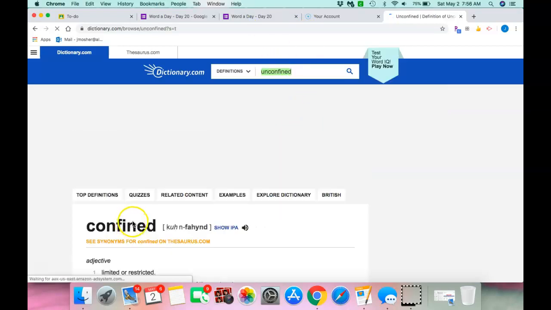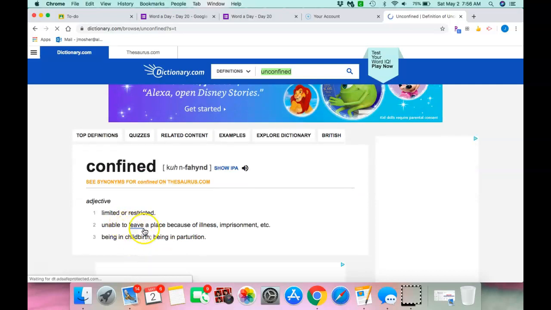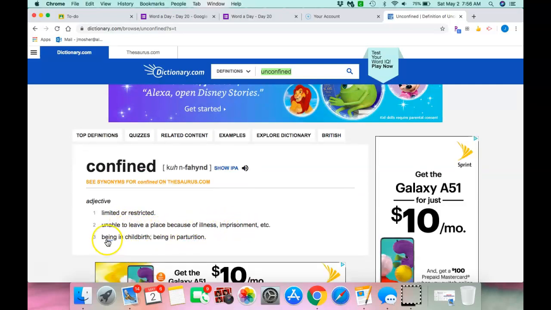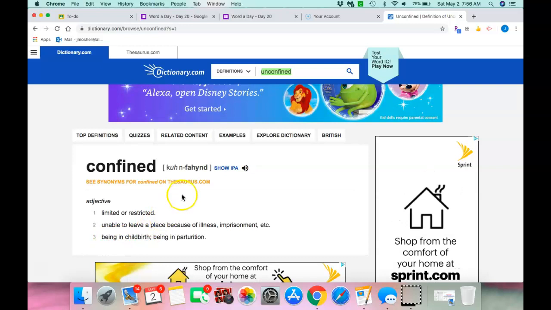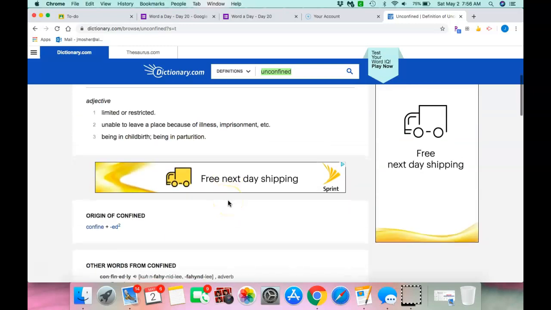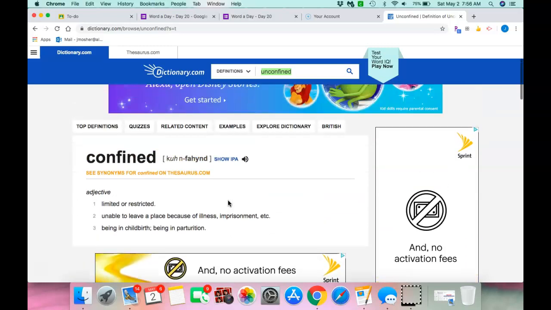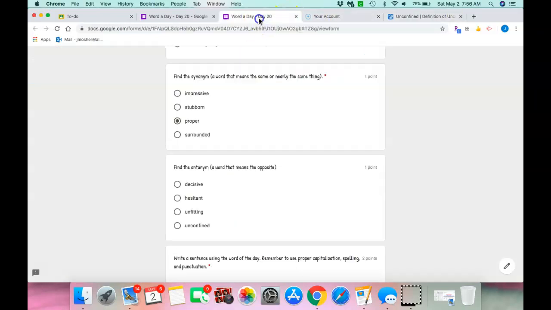Okay, limited or restricted, unable to leave a place because of illness, being in childbirth is confined. So unconfined would be the opposite, right? So then I would go back, and I would say it would probably be unfitting, because if you're not doing the right thing, it doesn't fit.